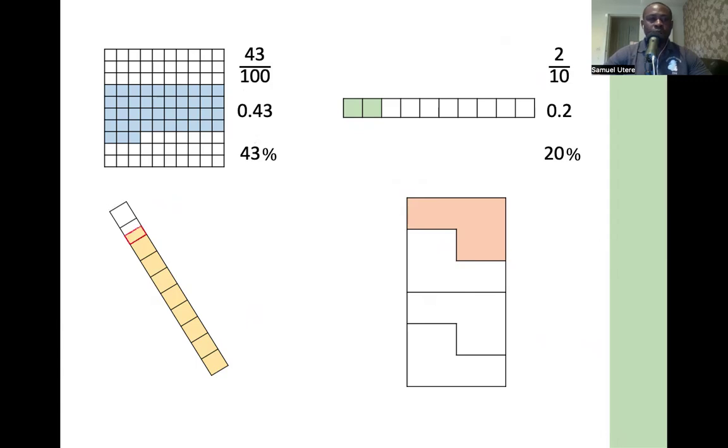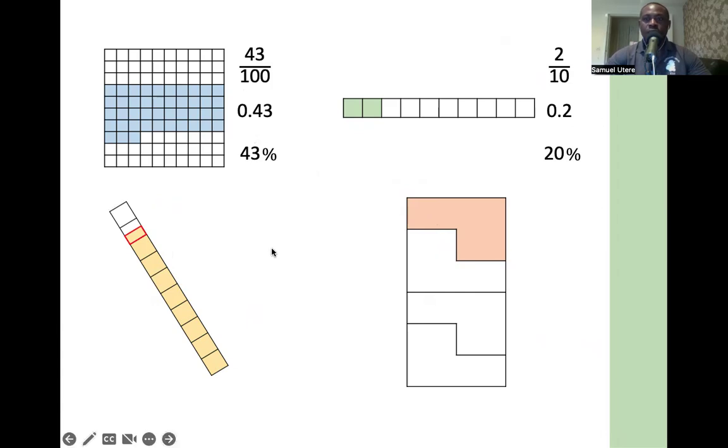But what about this one? Imagine if we were going to stack this. All right, we have 10 stacks of this. So notice that we have 1, 2, 3, 4, 5, 6, 7, 8, and 8.5.